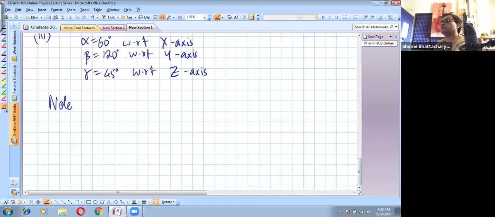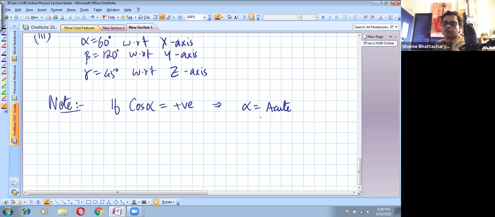Note that if cos alpha is a positive quantity, that will always mean that alpha is an acute angle. Here it is not with respect to the xy system, so it is not a trigonometry in four quadrants concept. It is just the angle between an axis and a particular vector.